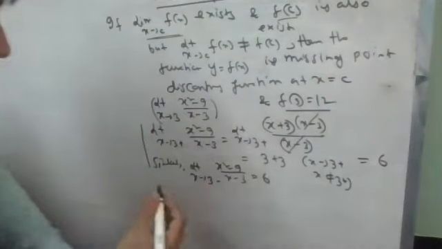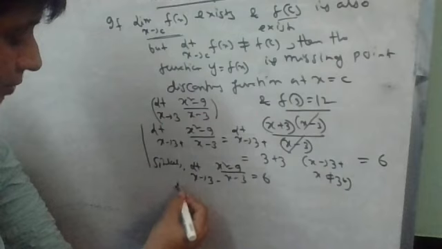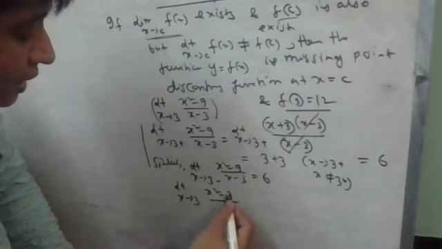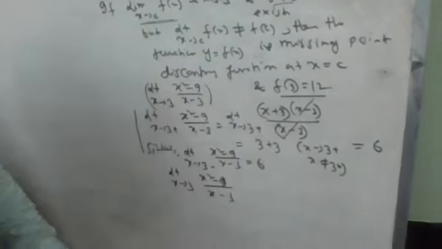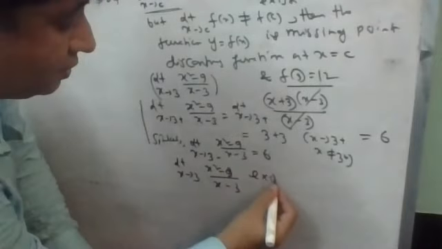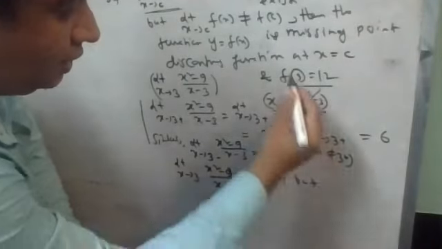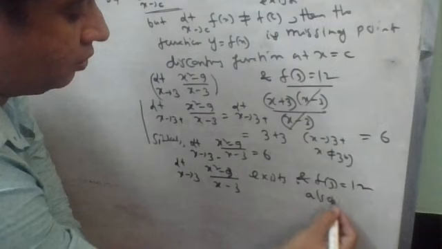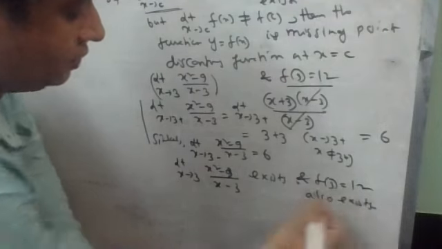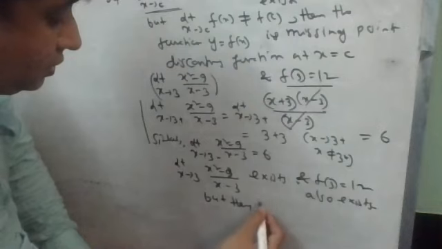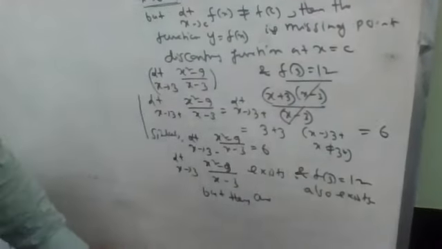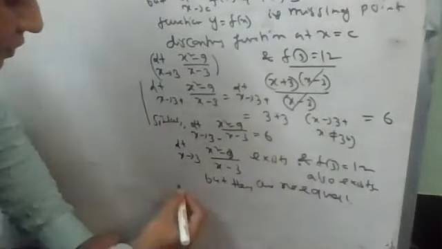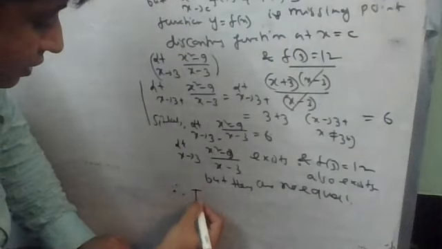So here, limit x tends to 3, (x square minus 9) by (x minus 3) exists, and f(3) is equal to 12 also exists, but they are not equal.